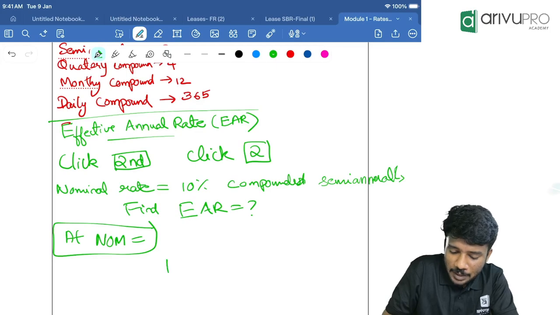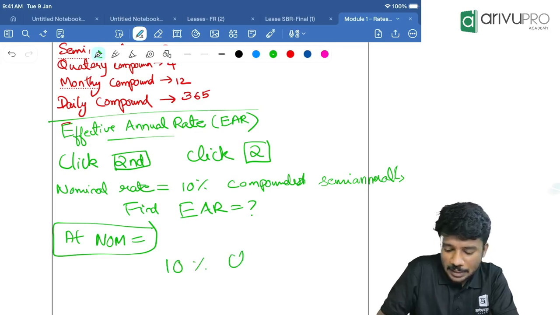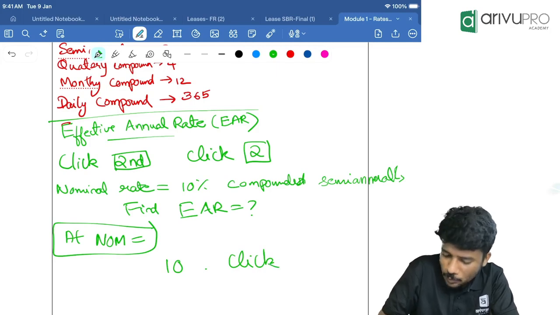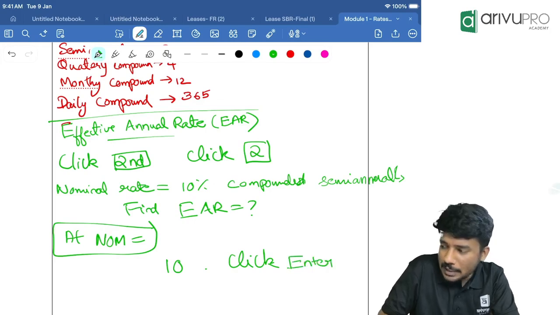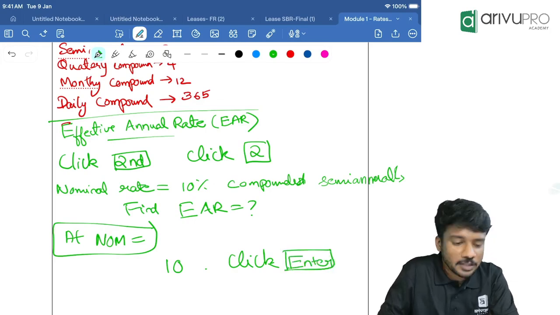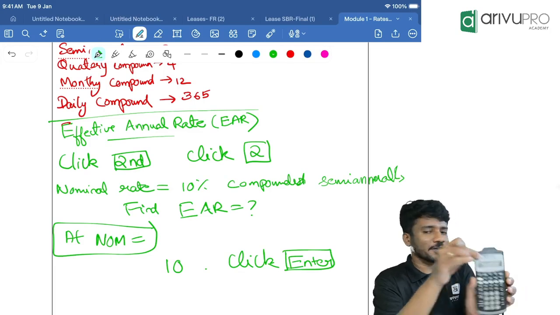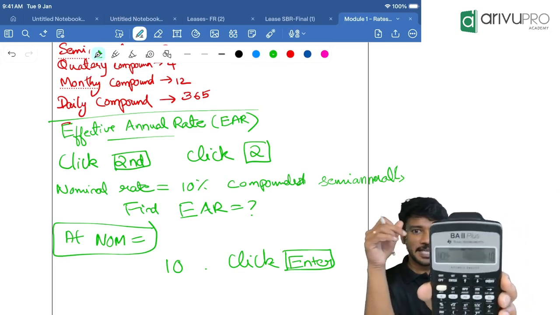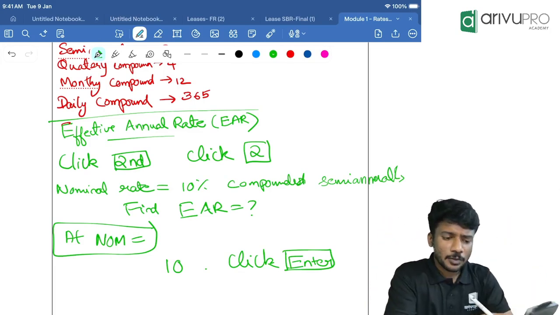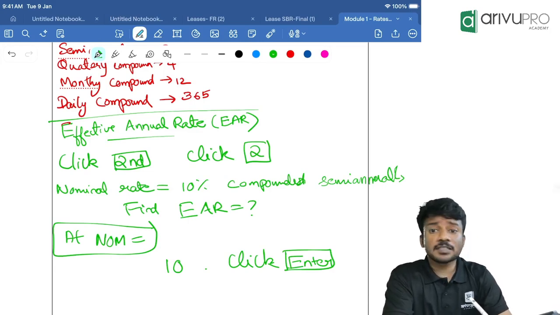You will not click percentage, just type 10. Then click the enter button. That means you are entering that value. Now nominal is 10. Everyone got 10 on your calculator? Yes. Now move down. Effective rate, that is something we are finding.